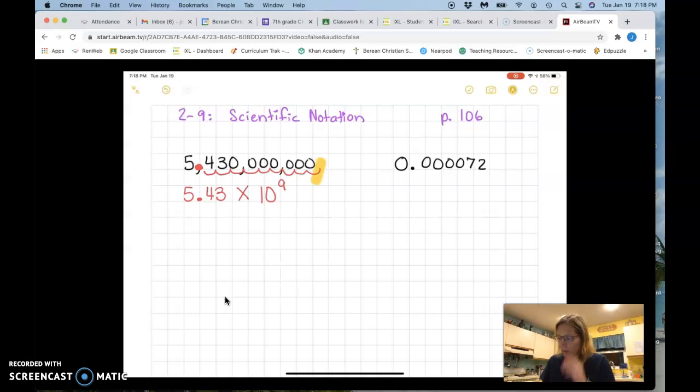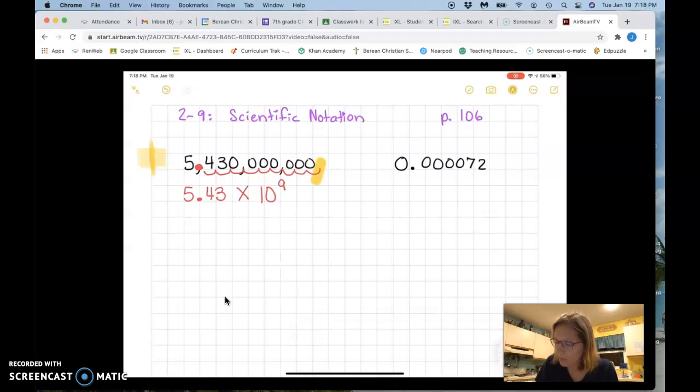Now here's a trick with the exponents. When you write scientific notation, your exponent is either going to be positive or negative. If you start with a really large number, your exponent is going to be positive. That's a really big plus sign. Let me write that differently.